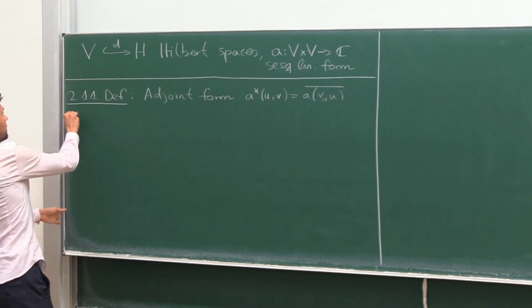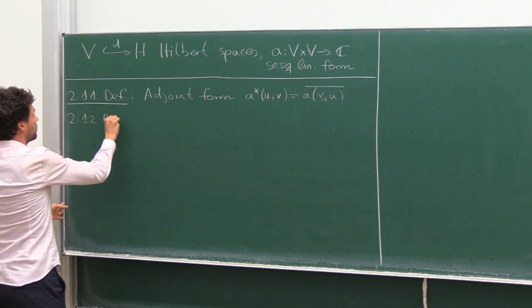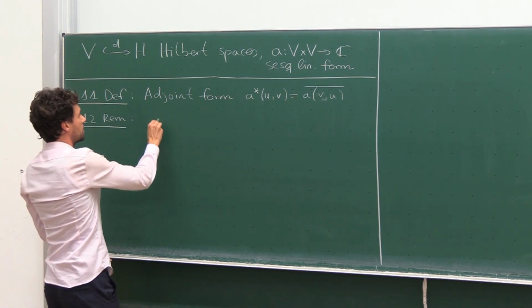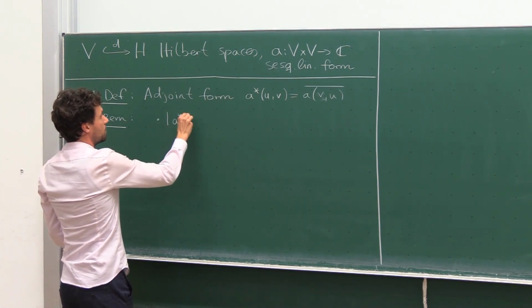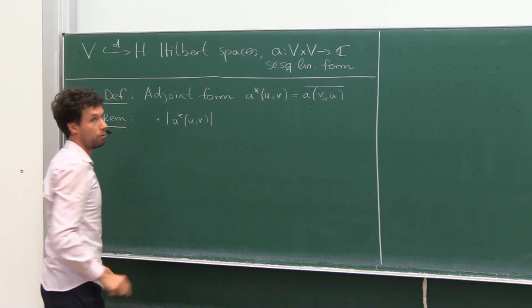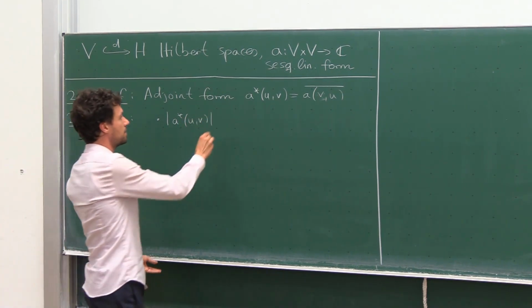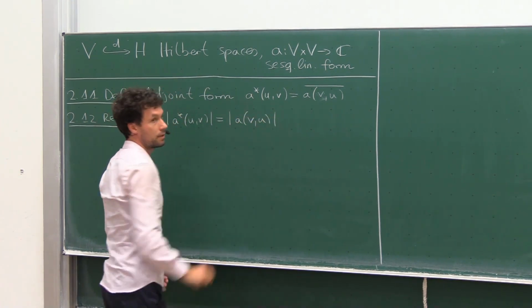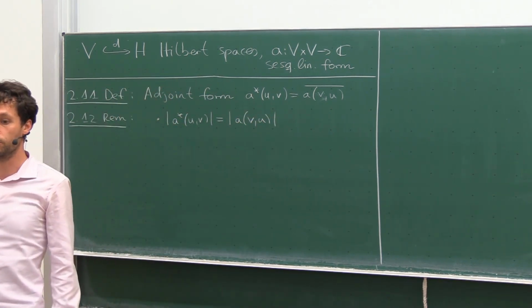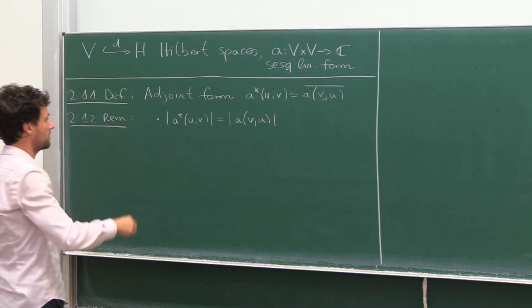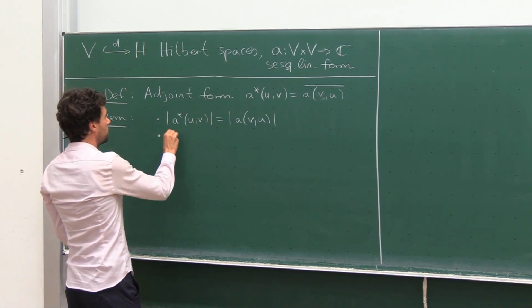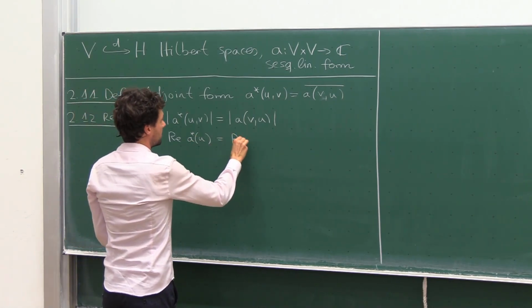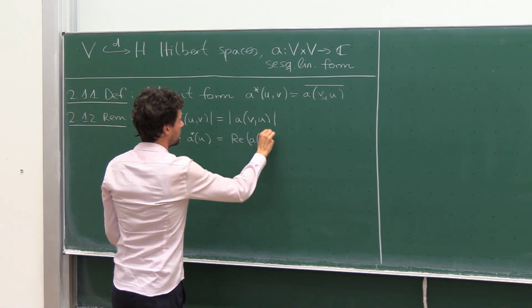Okay, and then we can also relate all the other vocabulary or all the other properties that a form can have by making the following observations. Well, if I calculate the absolute value of the adjoint form at some pair UV, then this is, of course, the same as the original form in absolute value evaluated at VU, because the complex conjugate doesn't change anything, and also the real part of the associated quadratic form is the same as for the initial form.